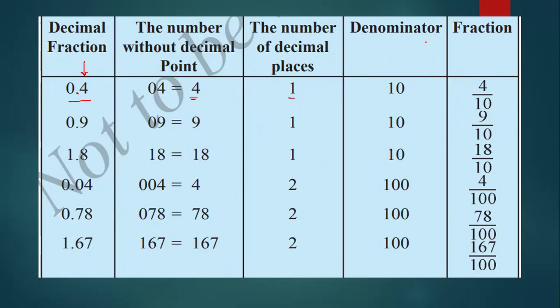Therefore, 1. Denominator is 10. In fraction, this is 4 by 10. Similarly, see this 0.04. The number without decimal point is 4. The number of decimal places here 2. Denominator is 100. 4 by 100.